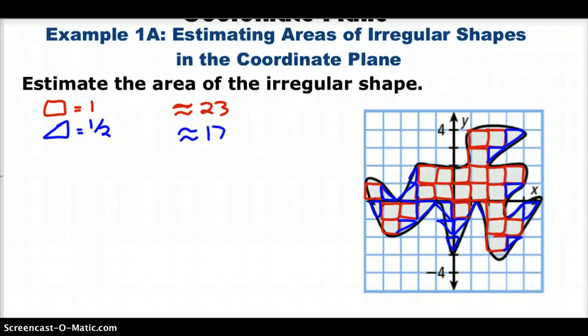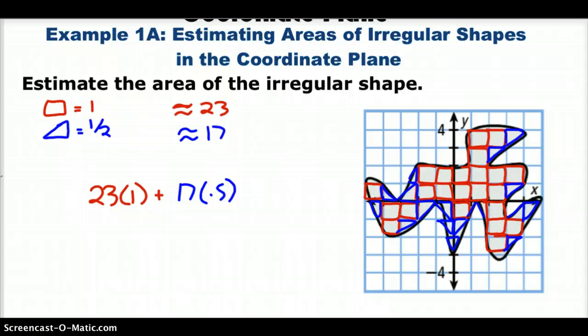Now all we have to do is give half a point to the 17 blue triangles, and a full unit square to the red squares. So really this is going to be 23 times 1 plus 17 times 0.5.